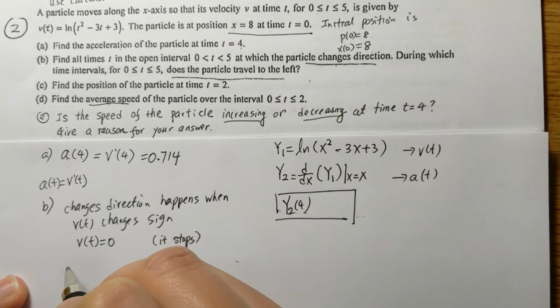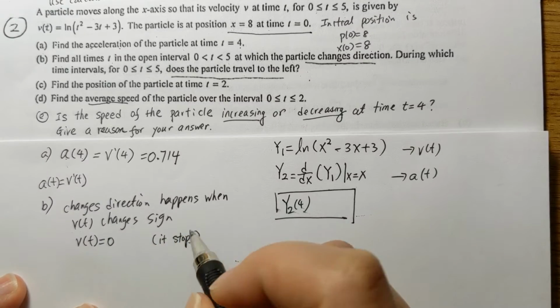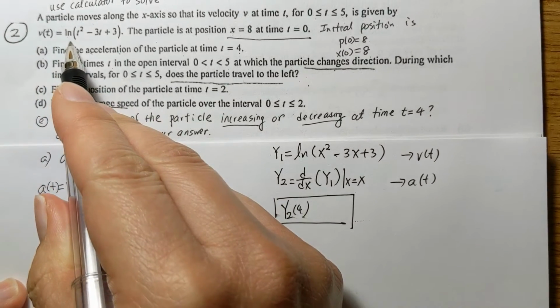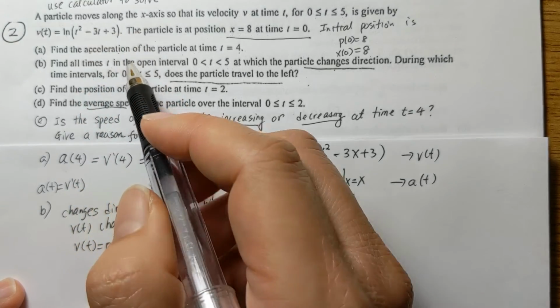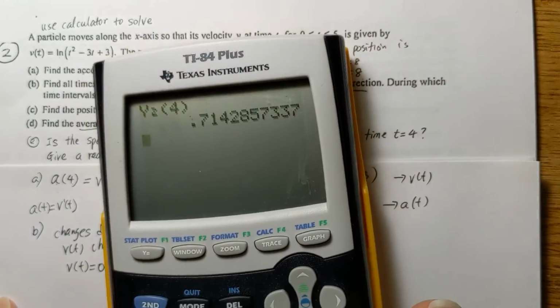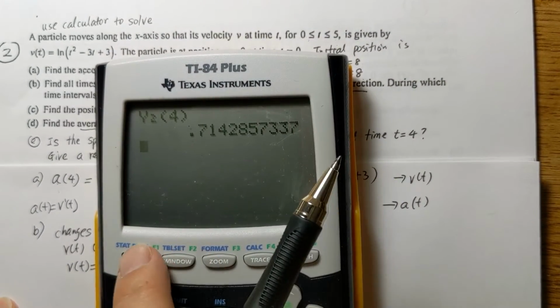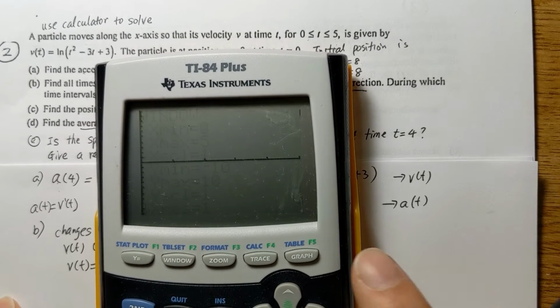So now we are going to find where v of t equals 0. We make ln of t squared minus 3t plus 3 equal 0. Because we have to use a calculator to solve, we just have to graph it. We already have this, and we got our window. So let's graph.